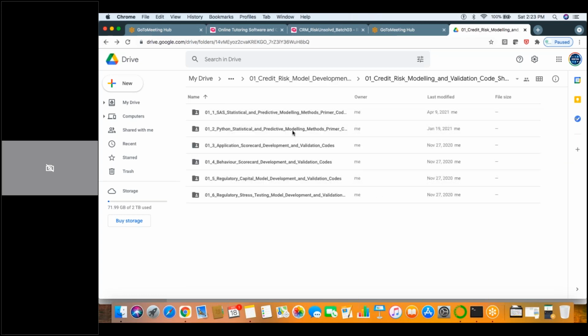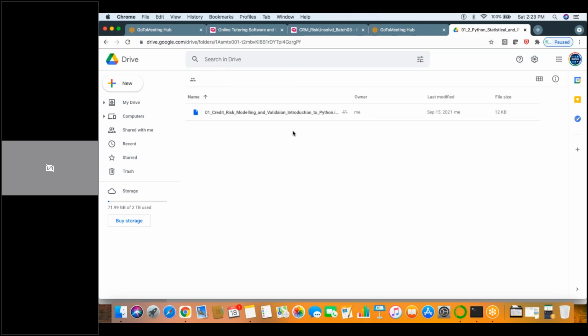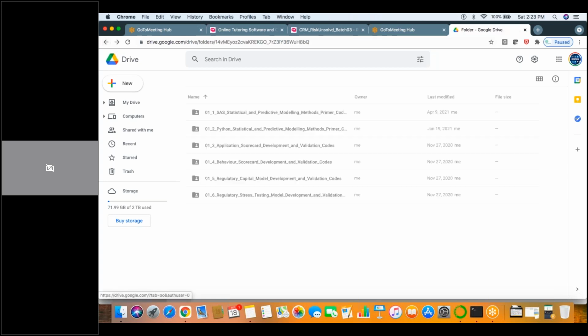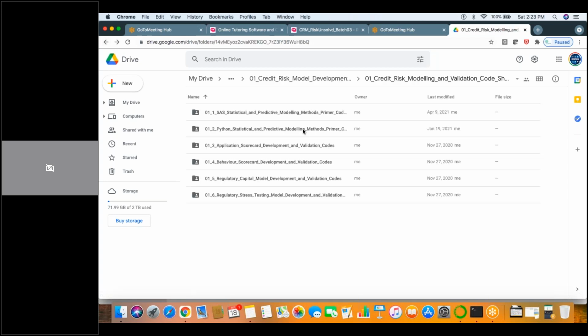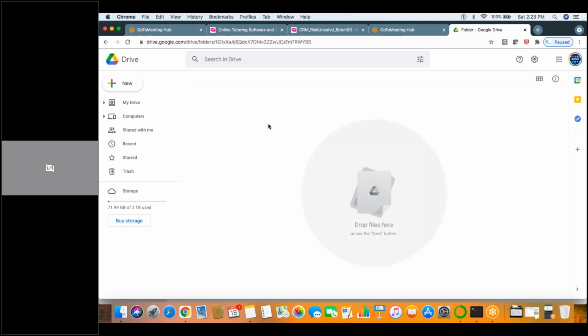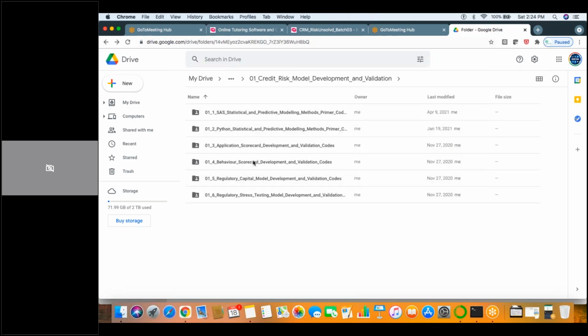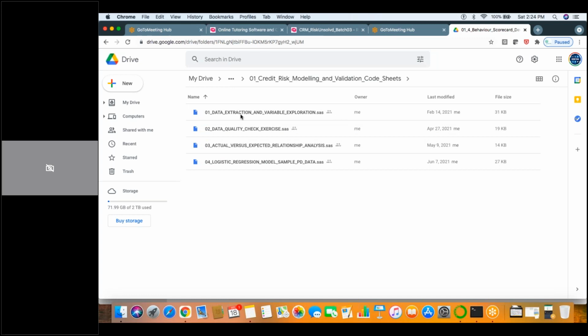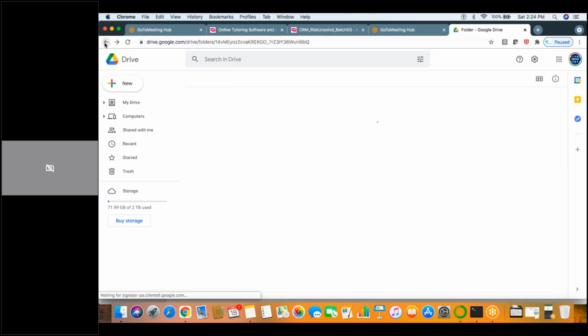The next thing that you have is the Python primer. All the Python notebooks that we prepare will be saved here. Similarly, application scorecard code sheets will be saved, and behavior scorecard code sheets will be saved, to some extent over here.